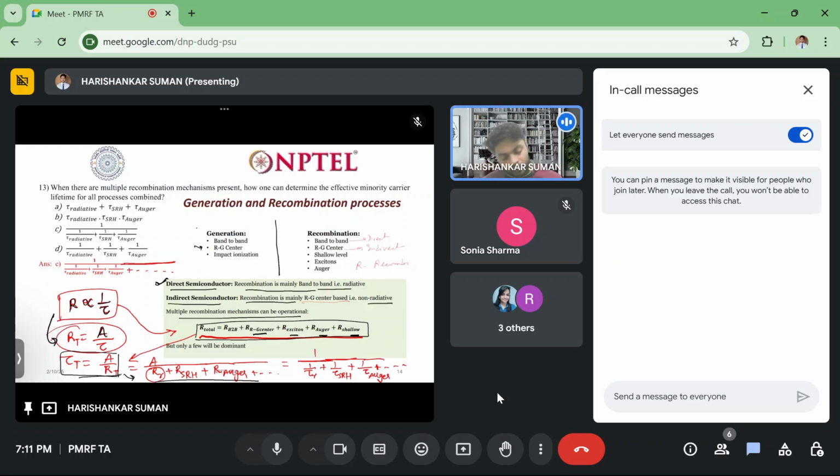So put these values here and you can find the relation for multiple recombination mechanisms present in the material. So the effective lifetime can be given as follows.